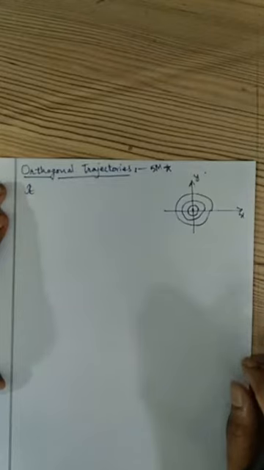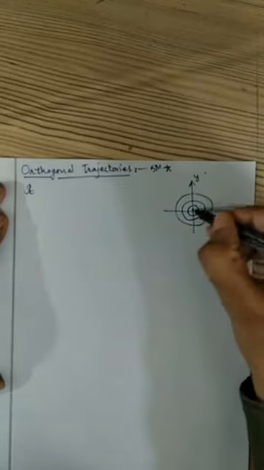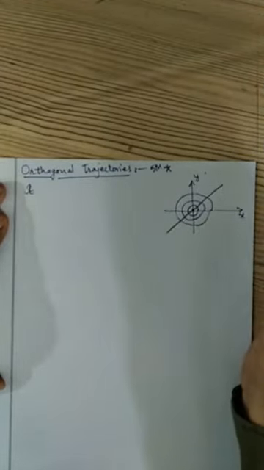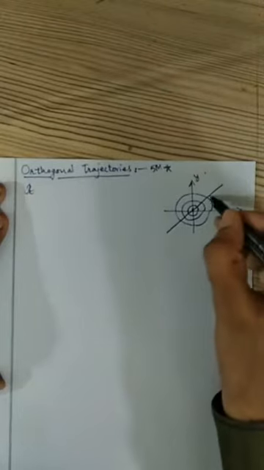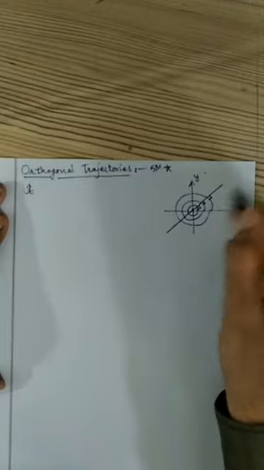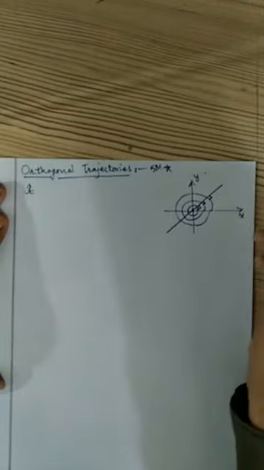Orthogonally means when the line intersects every member, the angle should be 90 degrees. So what will be those lines? All the straight lines passing through origin. If you consider all the straight lines passing through origin, you see this, it is making a 90 degrees angle when it is intersecting every member of the given family.